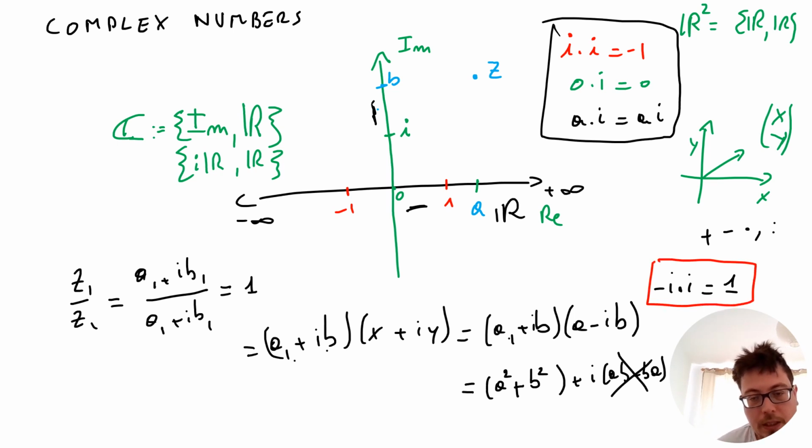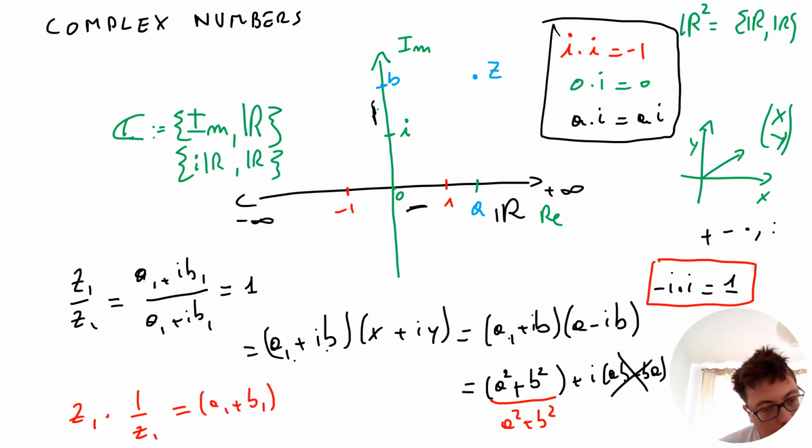So if we divide by a square plus b square, we get 1. So where do we put this? So we have that z1 times 1 over z, and then we know that z1 is a1 plus b1 with an i, and then x plus iy is equal to a minus ib, but divided by a square plus b square.